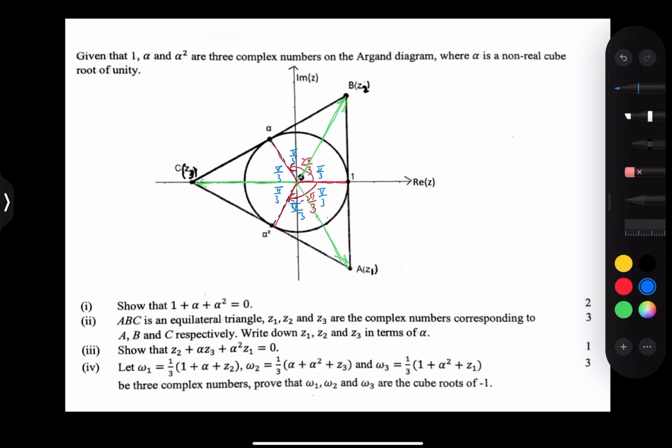So Z1 is opposite of alpha, and Z2, which is B, is opposite of alpha square, and C, which is Z3, is opposite of 1. They're in a straight line. These are all the conclusions we have from the drawing here. So I'm going to do the first question now.